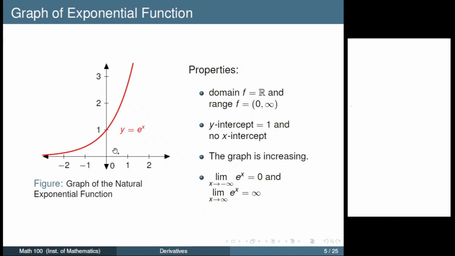And moreover, pag pumunta naman tayo sa positive infinity, so this part, pataas. So, nag-i-increase without bound yung function natin, no? As x approaches positive infinity, hence, the limit as x approaches infinity of e to the x equals infinity. Right? So, I hope na-recall natin yung mga properties ng exponential function.